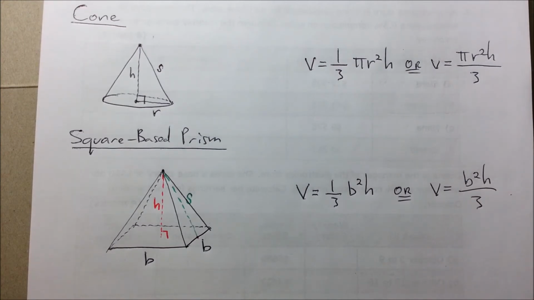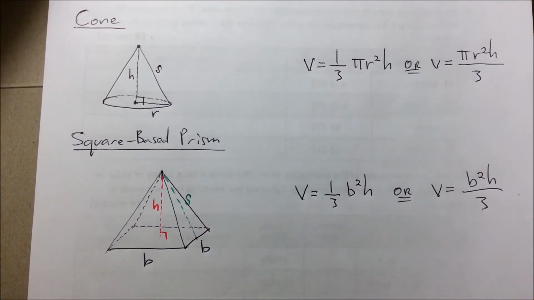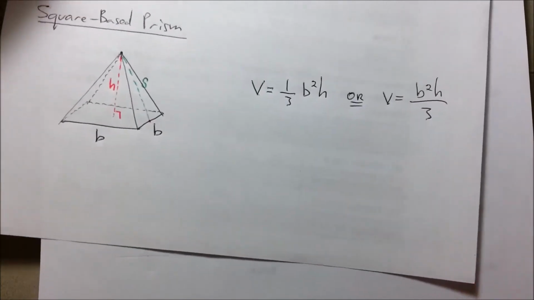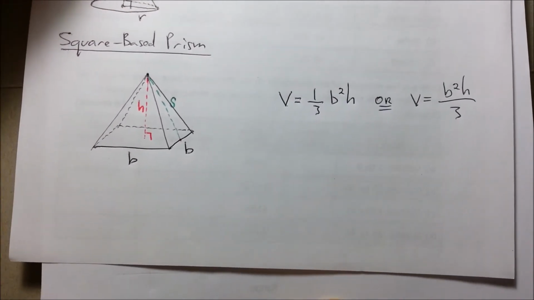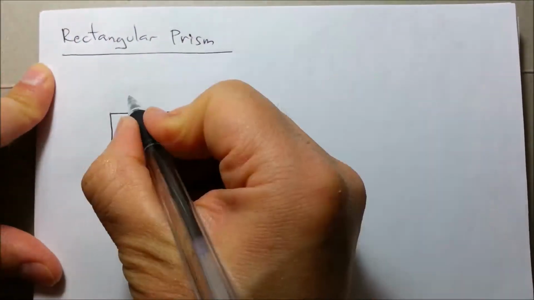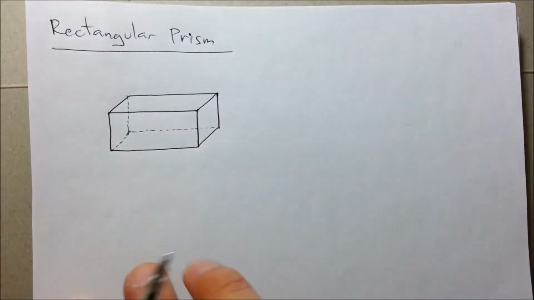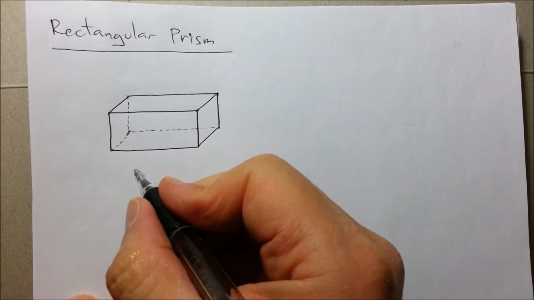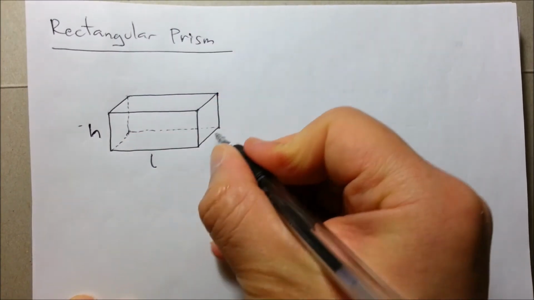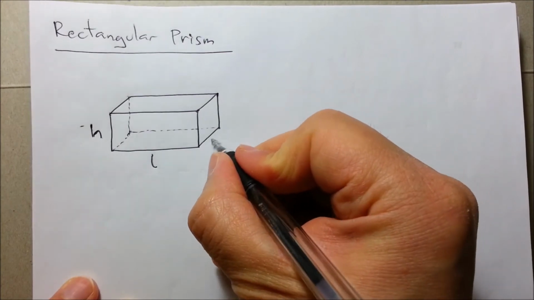Let's take a look at two more shapes. Make sure you pause the video and get notes for this. These shapes are the rectangular prism. We have our prism here, and this will be our height, our length, and our width.